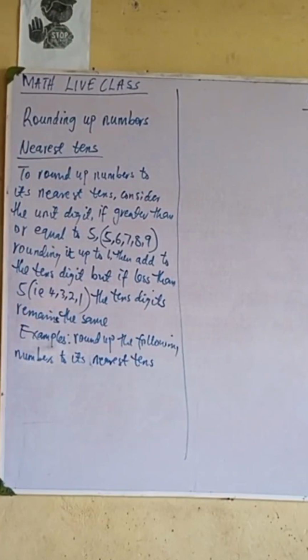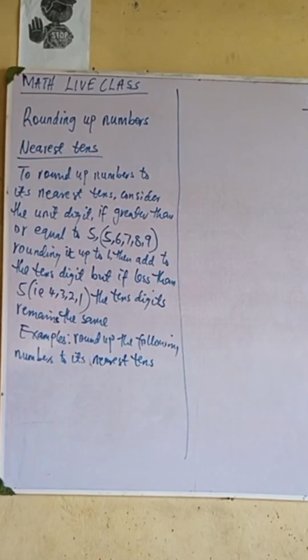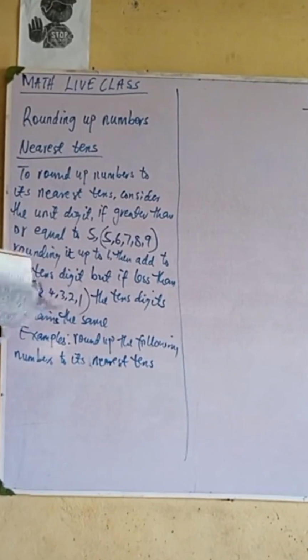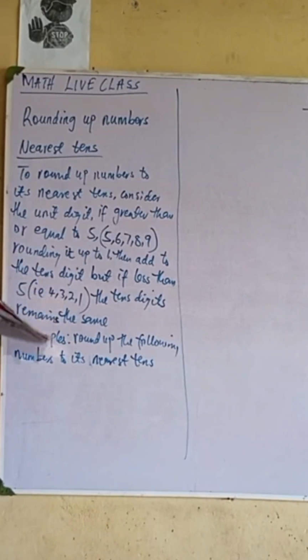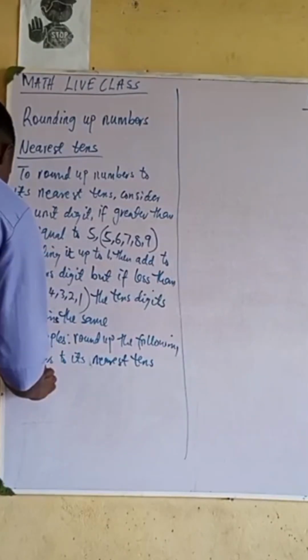Round up the following numbers to its nearest tens. So how do we round up numbers to the nearest tens? Let's begin with the numbers that the unit digit is not greater than 5. Then go to the one that the unit digit is greater than 5.